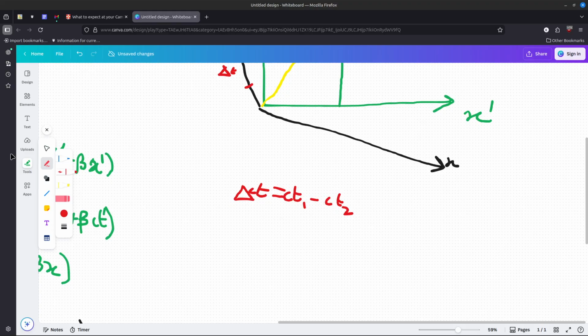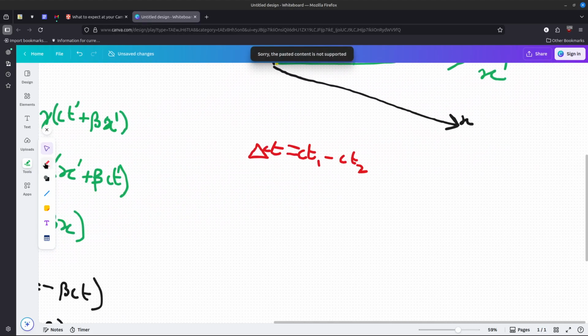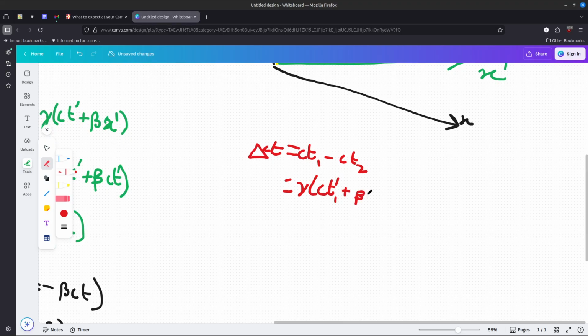This, by the transformation laws that we made over here, is going to be equal to gamma (ct1' plus beta x') minus gamma (ct2' plus beta x2').